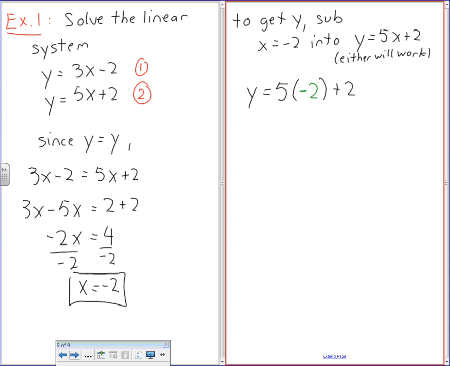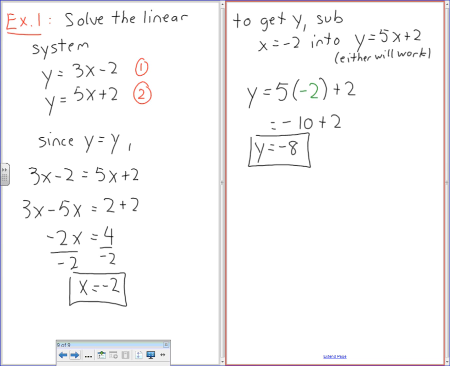Aiden, what is 5 times negative 2, please? Negative 10 plus 2 is. Great. Now we have to do a therefore statement.